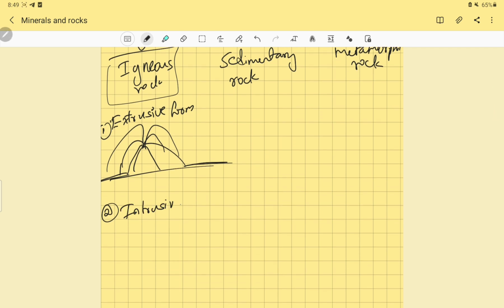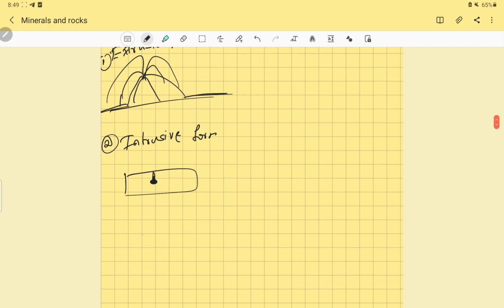Intrusive rocks are those rocks which form when magma cools in the interior of the earth. I don't remember if I've said this to you or not, so let me explain it here.